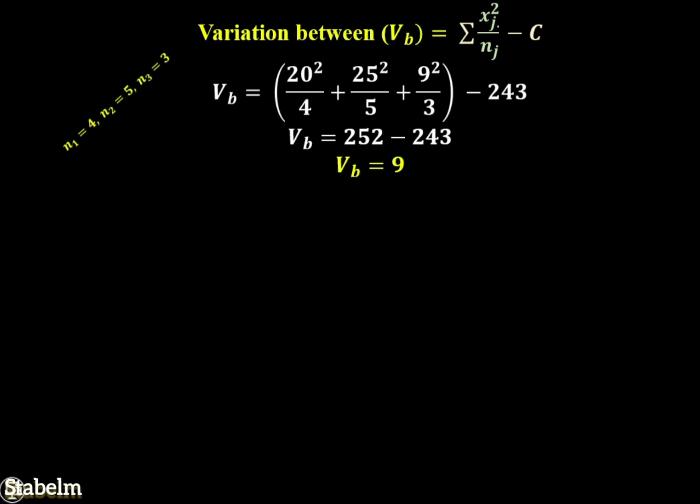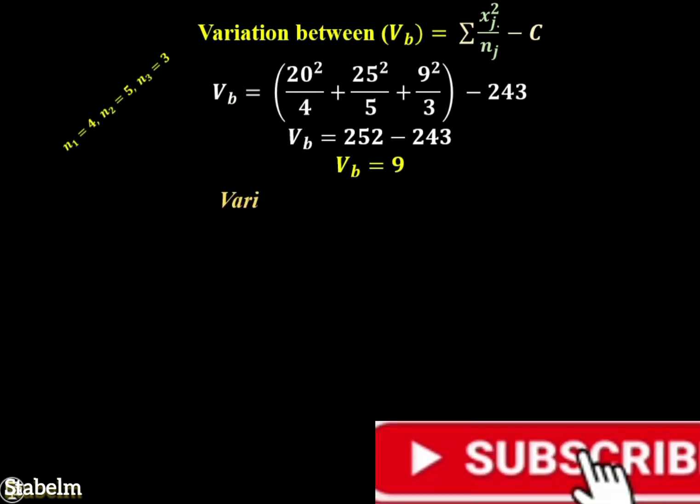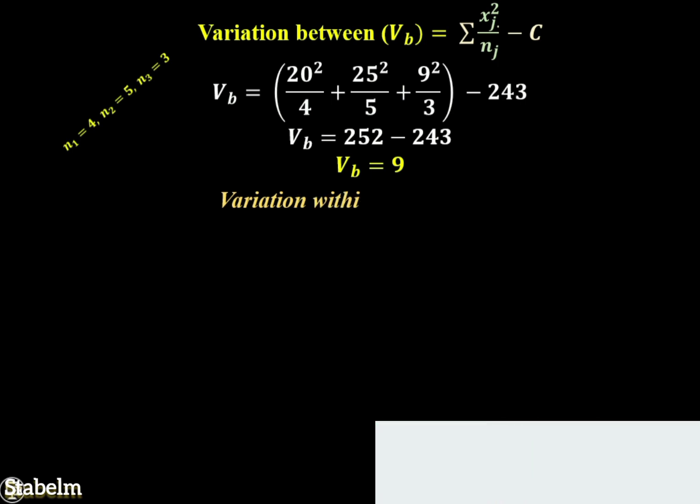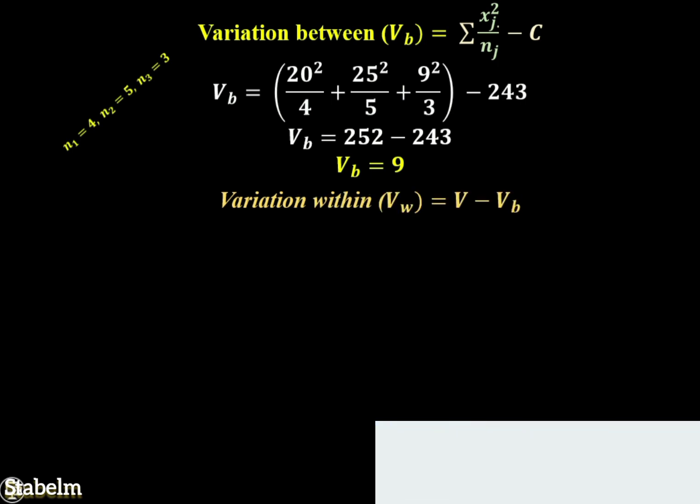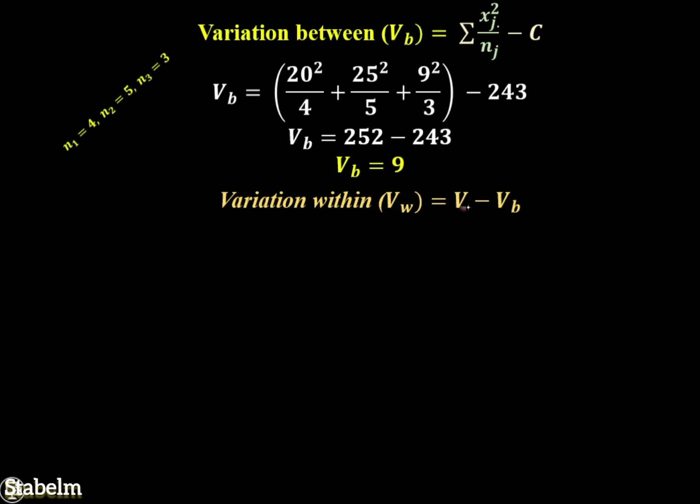And we should not forget, the last one we need to calculate here is the variation within treatment. The variation within treatment, V subscript W, equals V minus VB. This V is the total variation. VB is the variation between treatment.